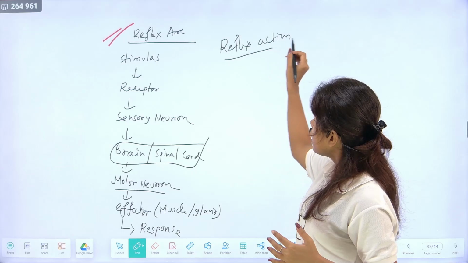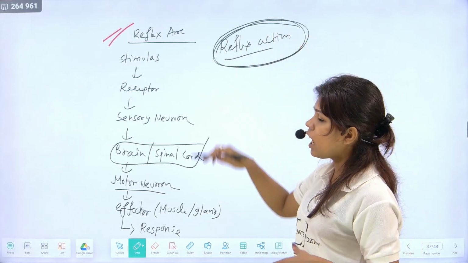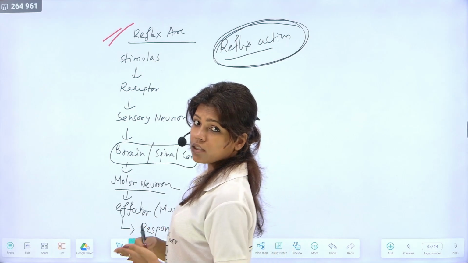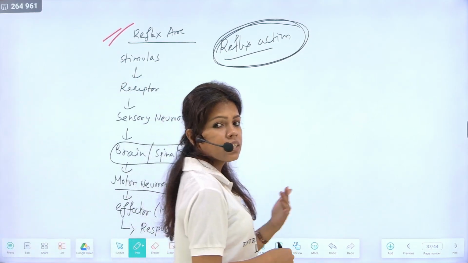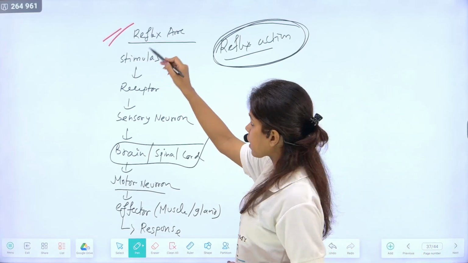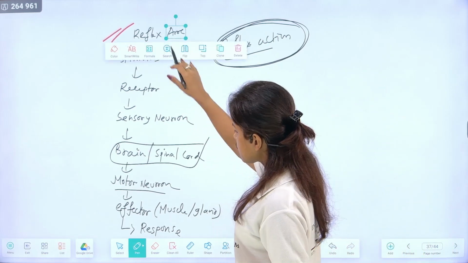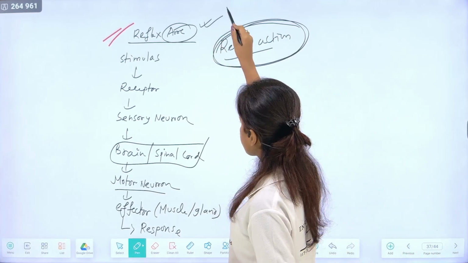So this spontaneous, automatic, sudden reaction after receiving a particular stimulus is known as reflex action. And the pathway followed in our body for this mechanism is known as reflex arc. Arc means pathway. So these are the sequential steps of the reflex arc. This is very important.